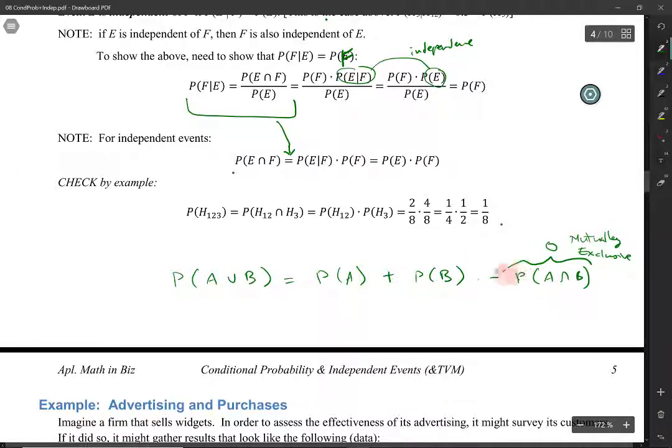So if it's mutually exclusive, then you can just add the probabilities. In general, for intersection, you have to multiply by the conditional probability, but if they're independent, you can just multiply. So the probability of A intersect B is just equal to the probability of A times the probability of B. You don't have to have the conditional if you know that they're independent.